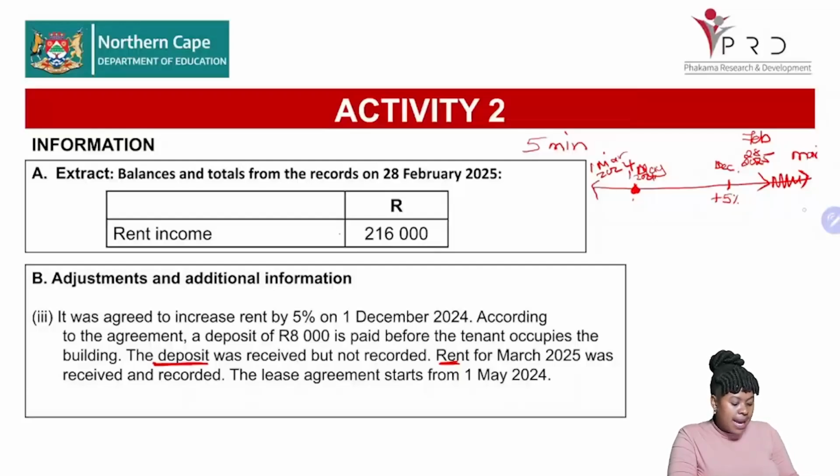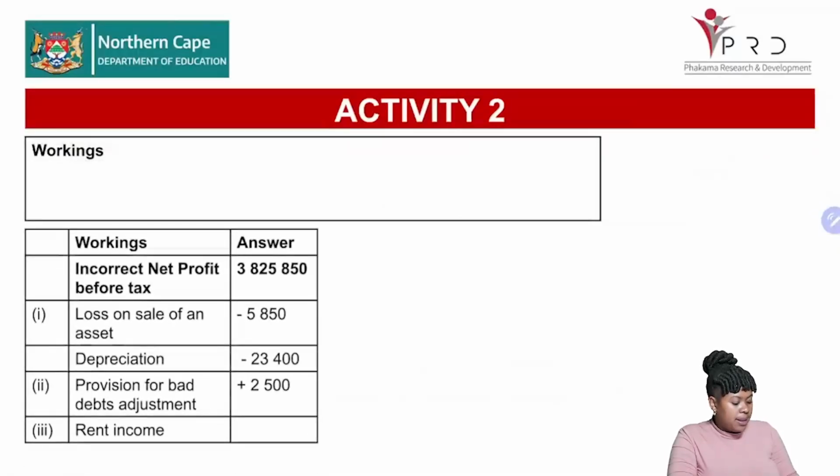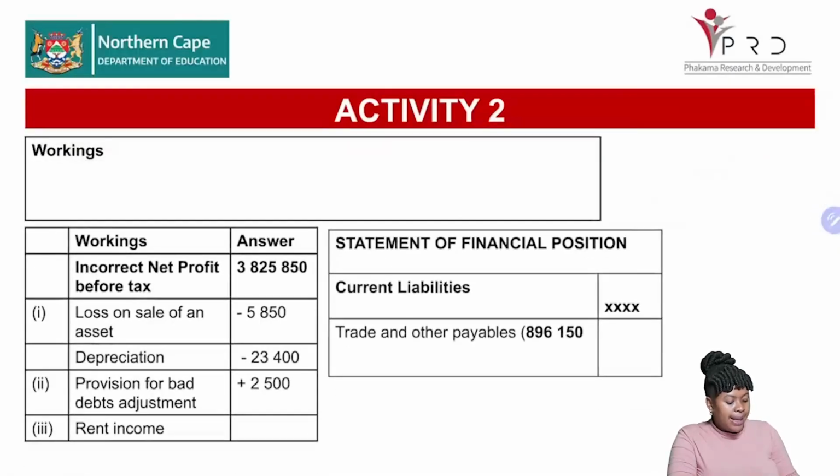Okay. So the first aspect, I just want to quickly do this, is the fact that we have to indicate now our transaction, okay? We need to indicate the fact that there was a deposit, right? Now, this deposit is refundable.